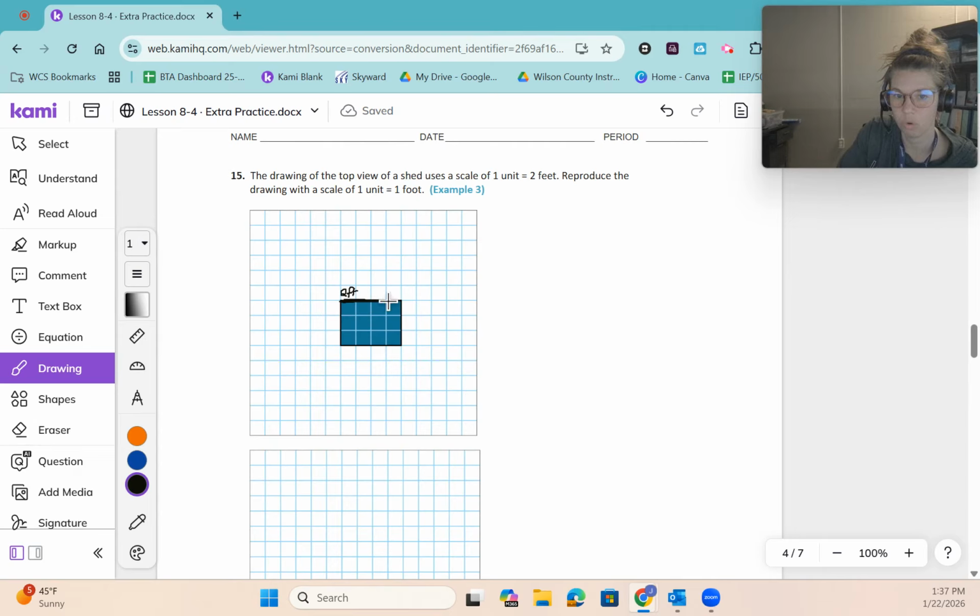It's currently 4 units, right? And we're going to figure out how many feet. So we have 2 feet is 1 unit, and we currently have 4 units. So how many feet does that represent? I do 2 divided by 1 is 2, times 4 is 8 feet.